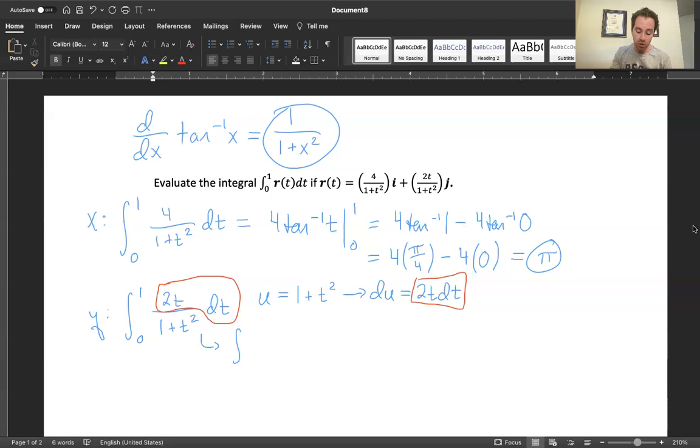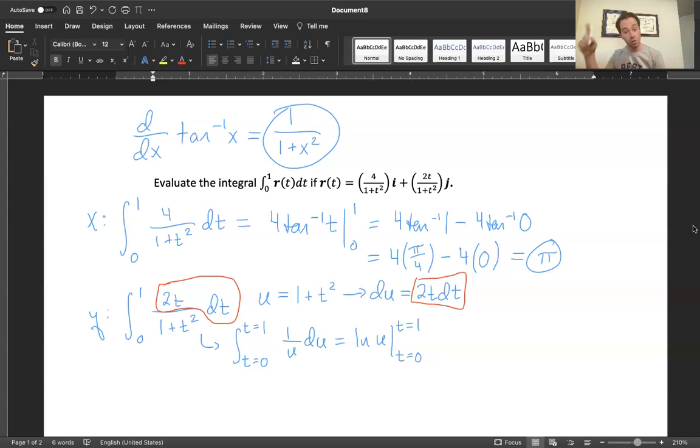So this is the integral from t equals 0 to t equals 1, now of 1 over u du. 1 over u as in 1 over 1 plus t squared, and du is the 2t dt part. Well, this is easy now. This is going to be ln of u over the bounds t equals 0 to t equals 1.